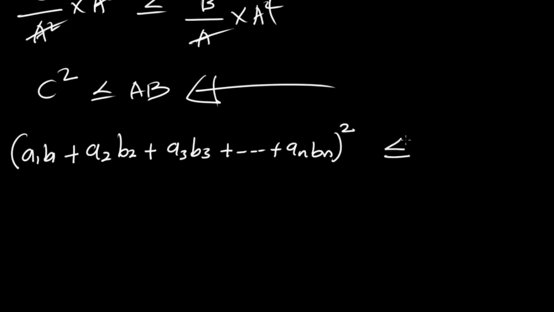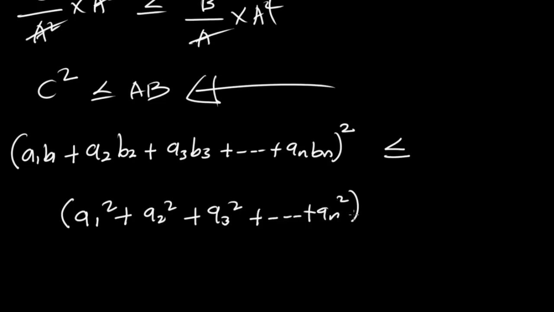Then we have less than or equal to a1 squared plus a2 squared plus a3 squared plus up to an squared, multiplied by b1 squared plus b2 squared plus b3 squared plus up to bn squared. And then we have the statement of our proof.